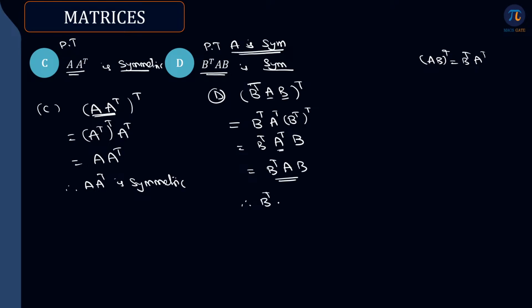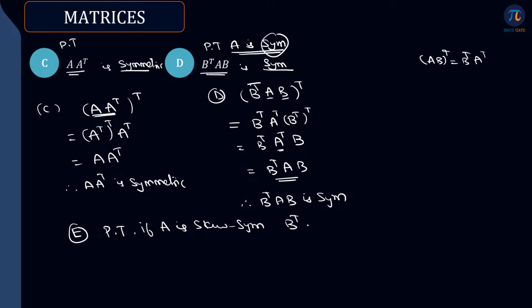Therefore B transpose AB is symmetric whenever A is symmetric. If A is skew symmetric, it is homework for you. Prove that if A is skew symmetric, B transpose AB is skew symmetric.